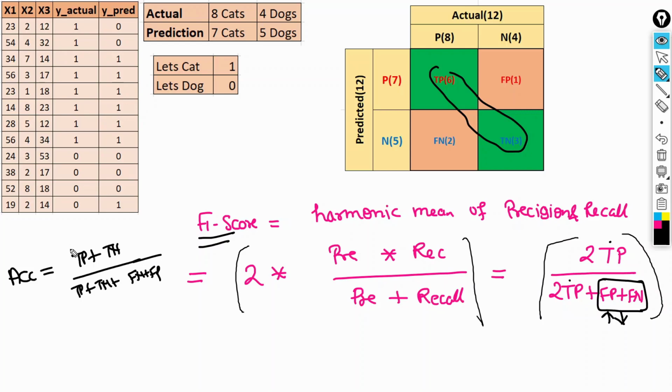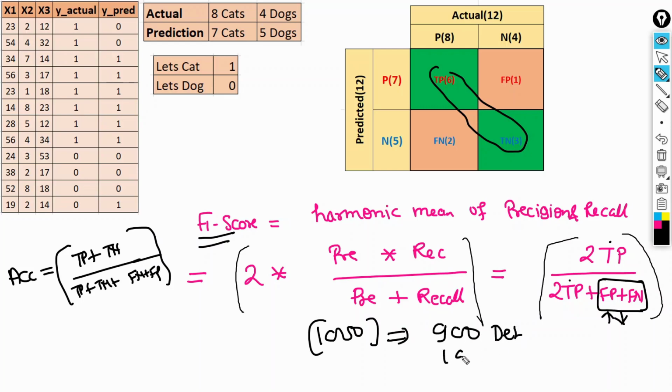In accuracy, if you see here, it is detecting the true positive and the true negative. It means correct classification, whether positive or negative. But the harmonic mean we use for imbalanced class distribution. Let's say we have a total of 1000 samples, out of which 900 are the non-defaulters class and 100 are the defaulters class.